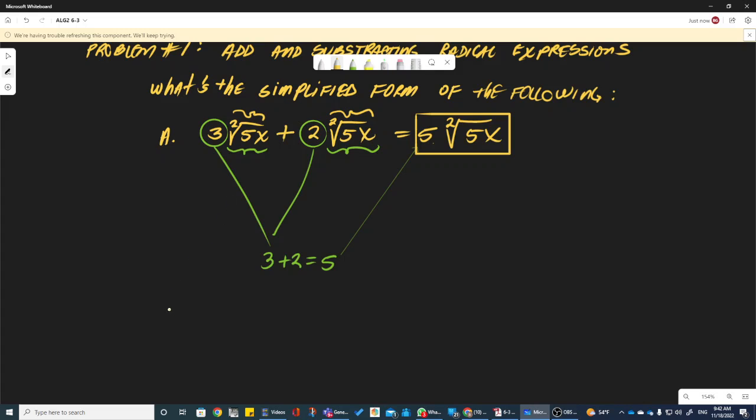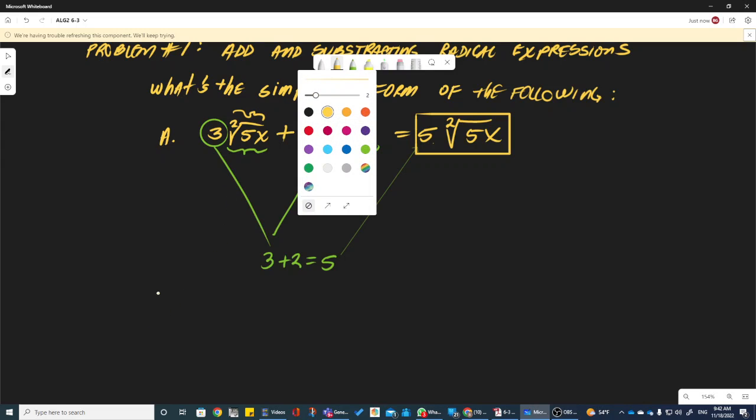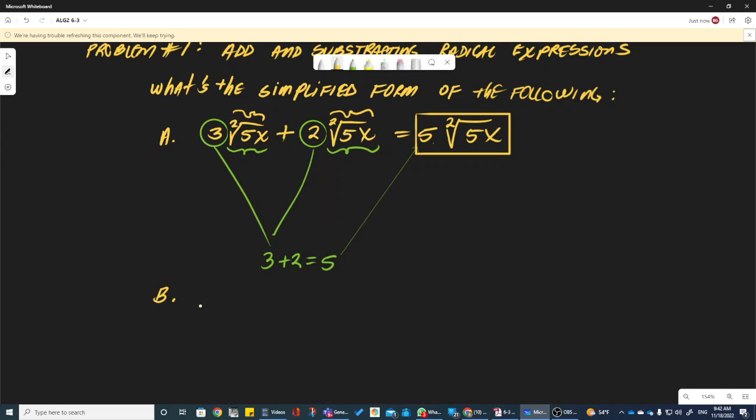Now, let's do exercise B. You got 6x to the square, and then the square root of 7 plus 4x and the square root of 5. Okay? In this case, the radicands are different.